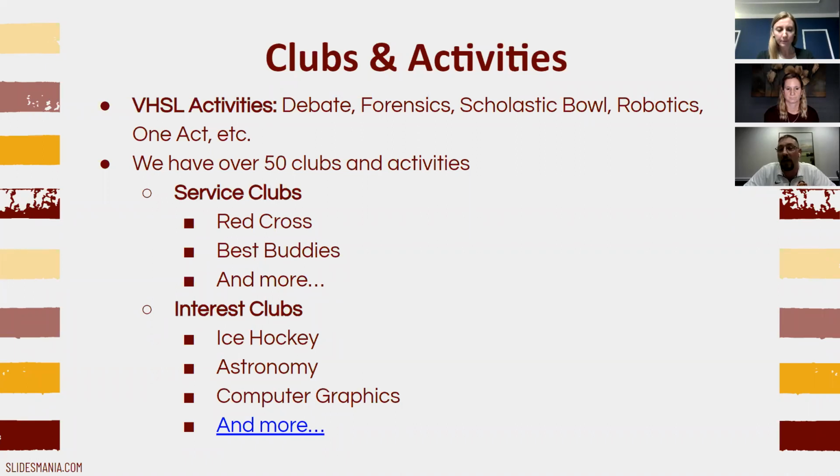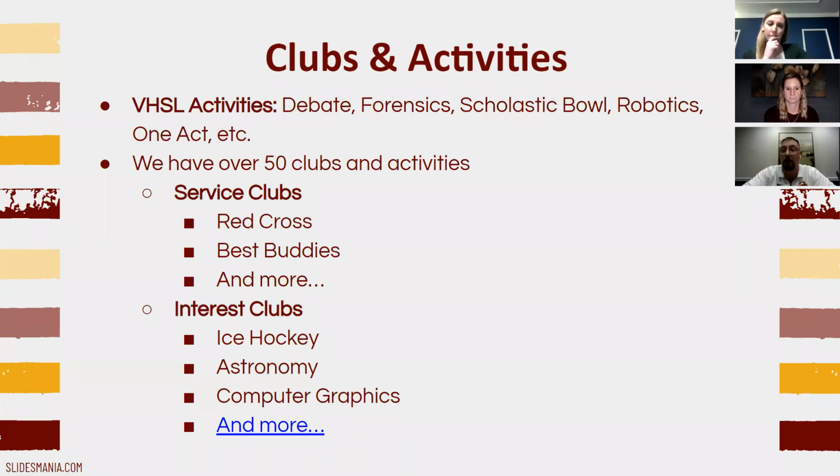Those are the ones we currently have. We're hoping that next year, if everything goes right with renovation, we'll be ready to start supporting esports as well. Those are all competitions at the state level. The Virginia High School League oversees those academic activities as well as all sports.